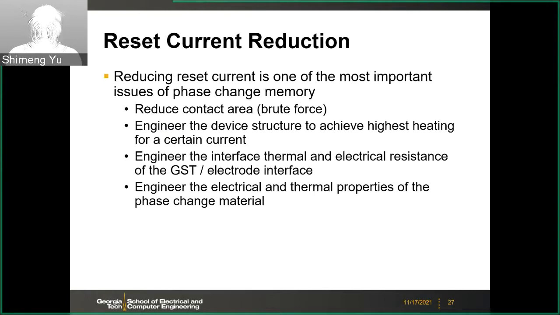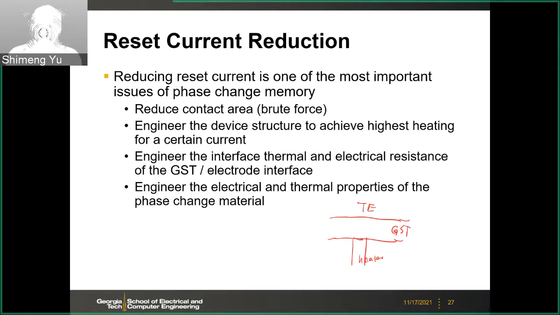So there are different strategies to reduce the current. First one, reduce the contact area. This is like a brute force. So basically, if you recall the like a mushroom structure, right? So then this is your heater. This is your phase change material, GST, and this is your top electrode.